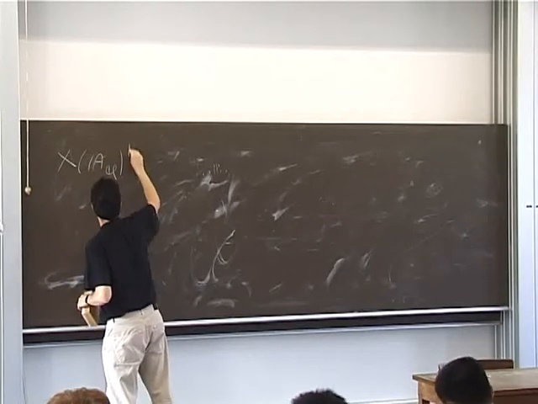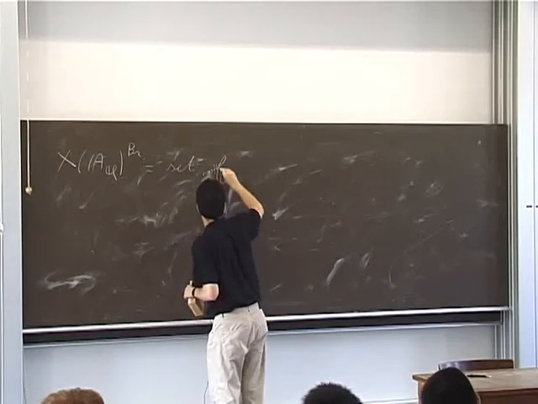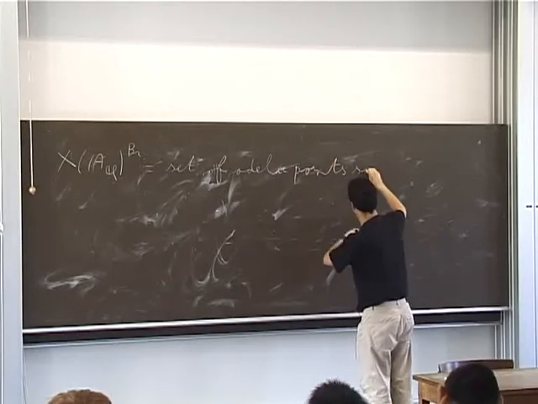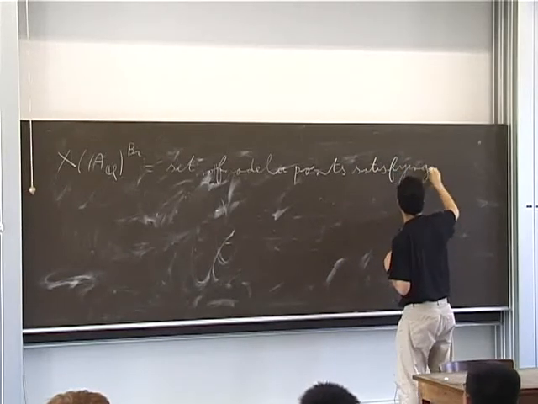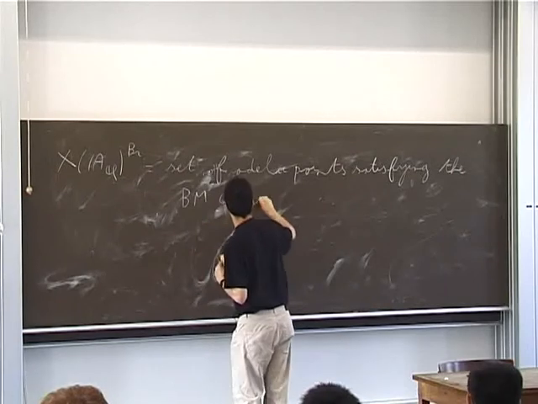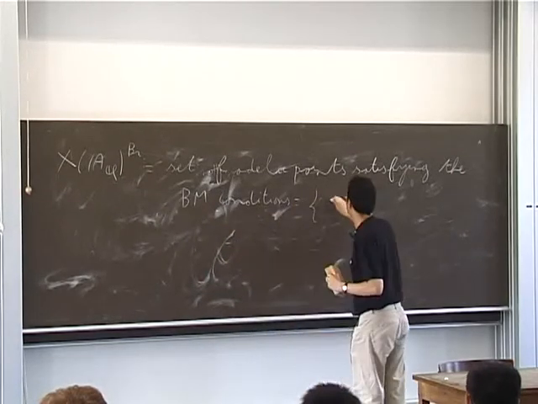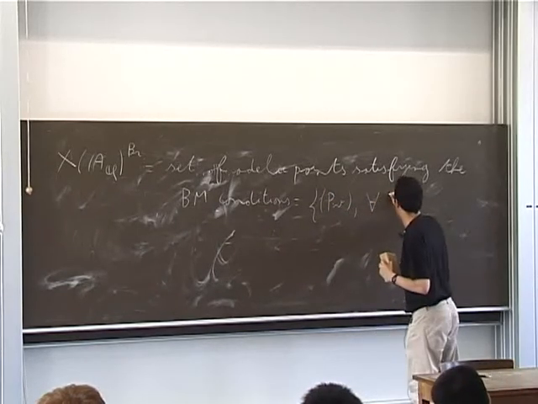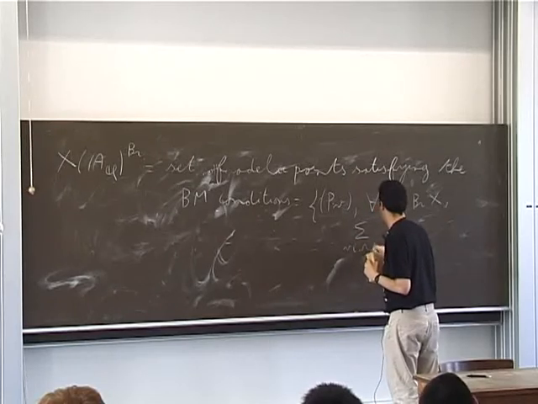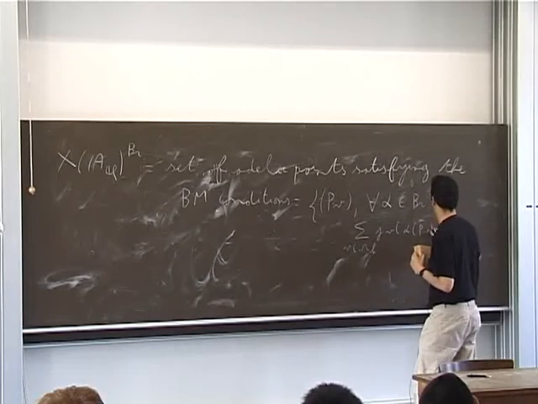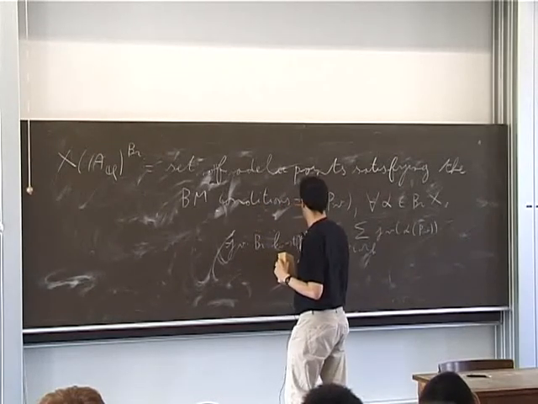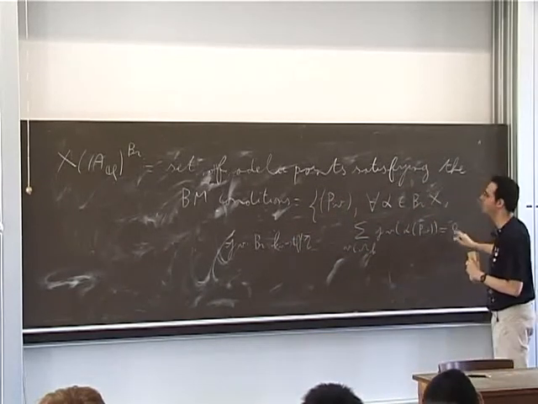X(A_Q)^Br is the set of adelic points satisfying the Brauer-Manin conditions. Namely, it is the set of adelic points P_v such that for all elements alpha in the Brauer group, if you take the sum over all places v of j_v of alpha of P_v, where j_v is the local invariant from the Brauer group of the completion K_v to Q/Z in local class field theory, this has to be 0.